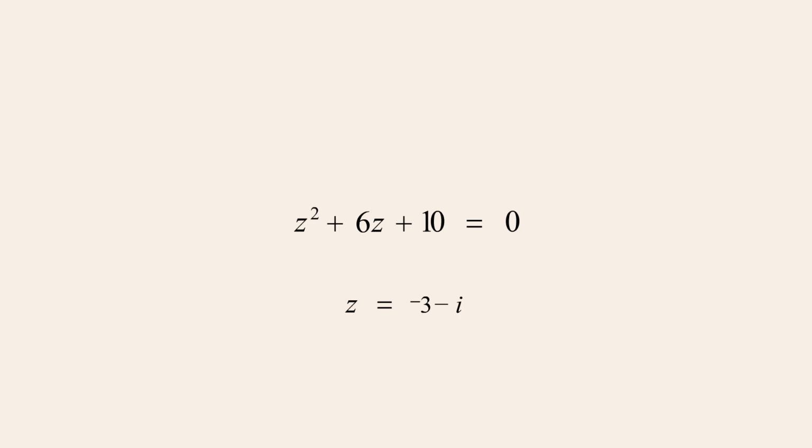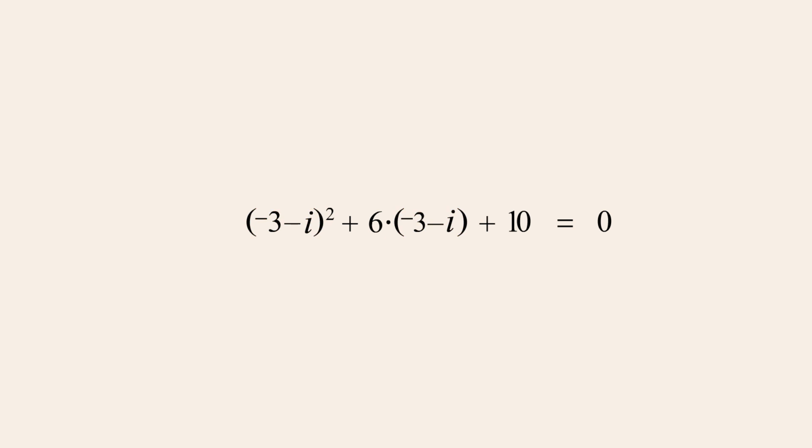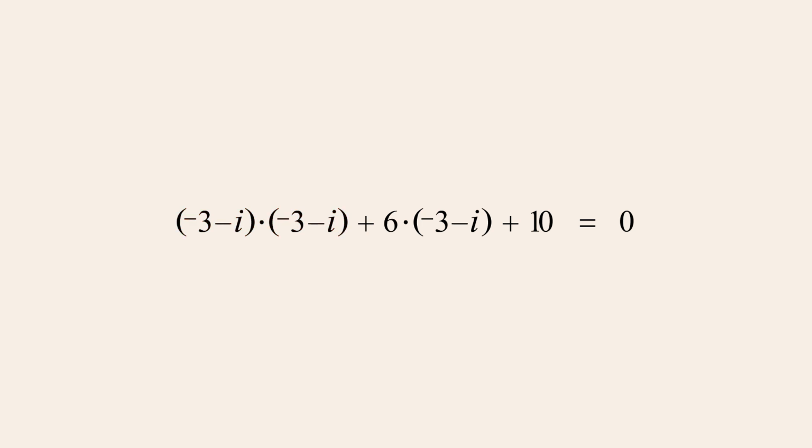Once again, we replace z in the quadratic equation with our solution, negative 3 minus i. Squaring negative 3 minus i, we write negative 3 minus i times negative 3 minus i and multiply. Negative 3 times negative 3 is 9.